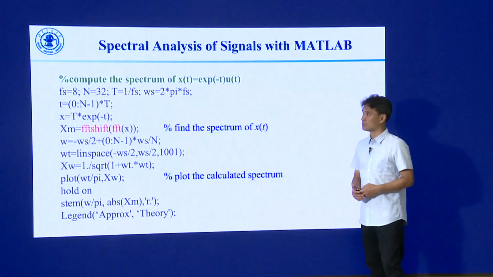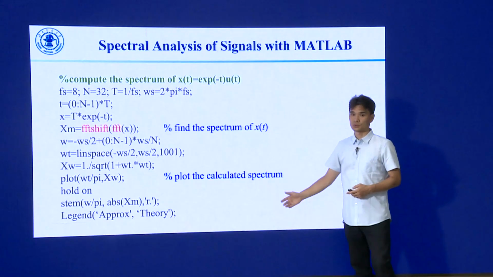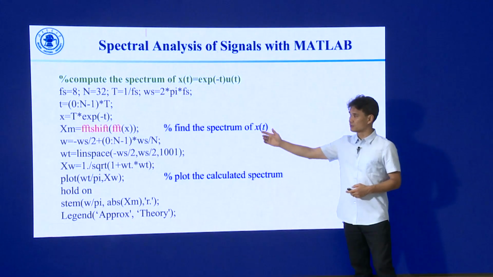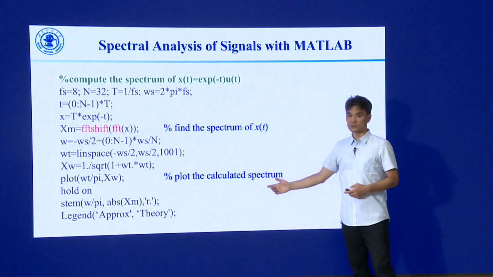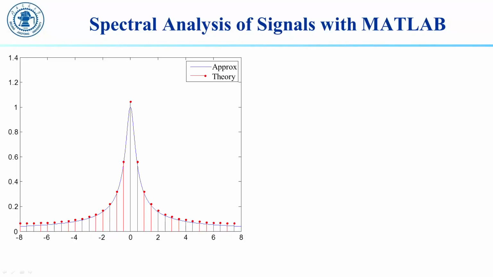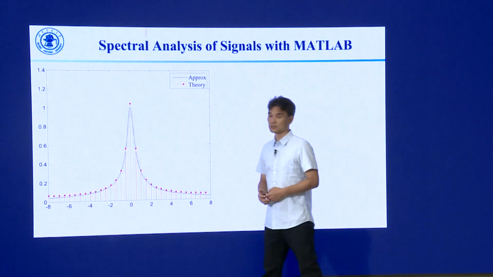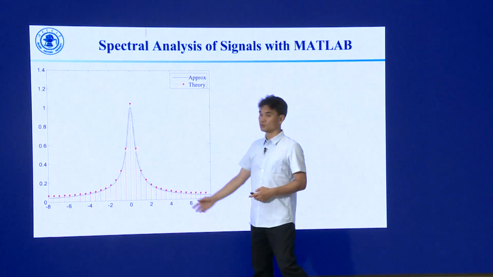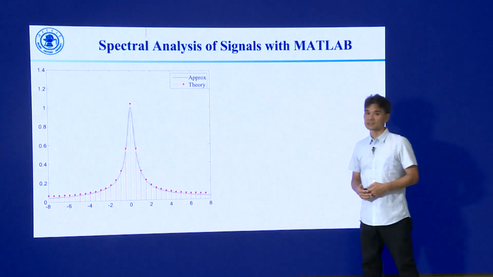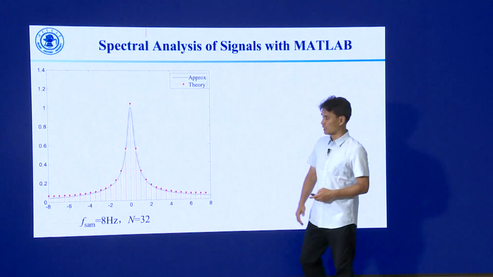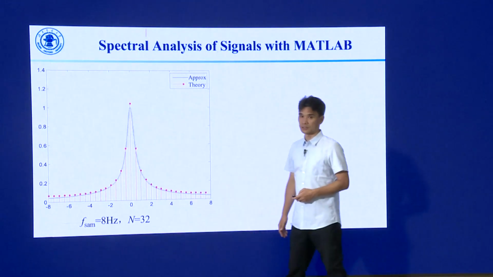And here is the snippet to calculate the theoretical and the real signal. And here are the plots. The theoretical spectrum is given as the red dots, while the blue lines represent the approximation if the signal is sampled by this sampling frequency.